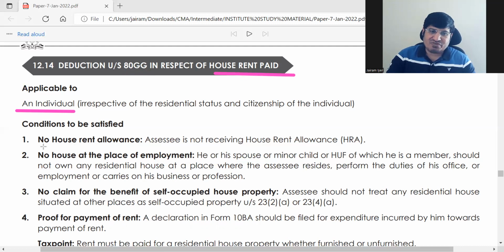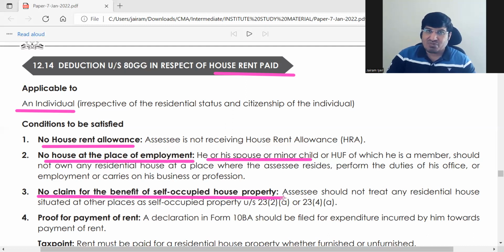Conditions: no HRA received by him, and no house at the place of employment owned by himself, spouse or minor child. If he has a house at some other place, then he should not claim self-occupied property deduction. And last is to show proof of payment of rent in form 10BA. That's it. These are small 4 conditions.